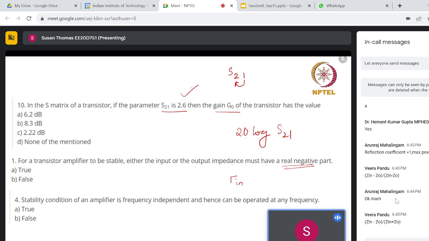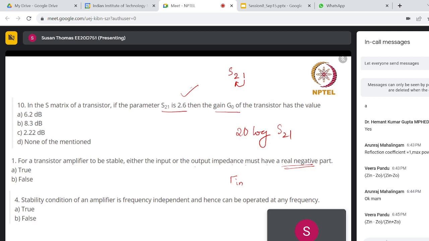Okay, if we take this equation, and if you have a negative real Z in, then the modulus of that will it be greater than 1 or less than 1?